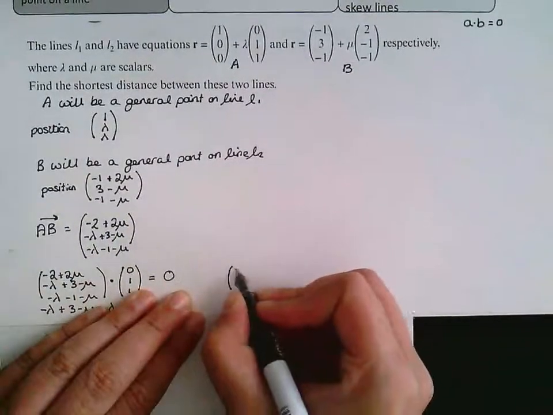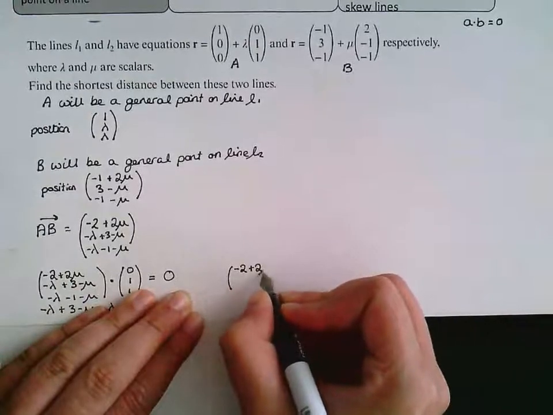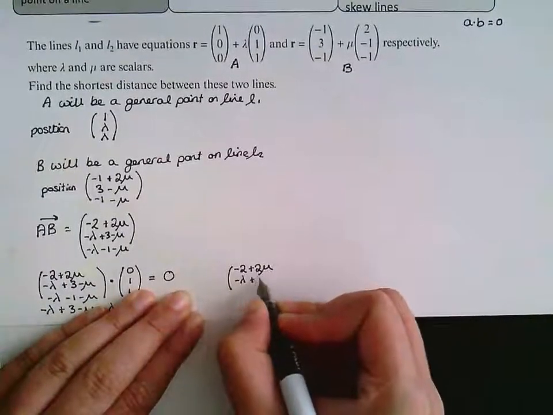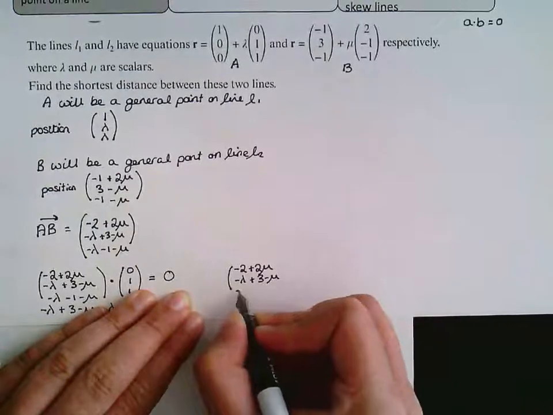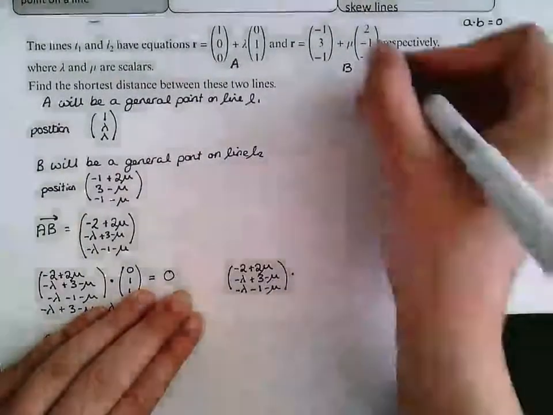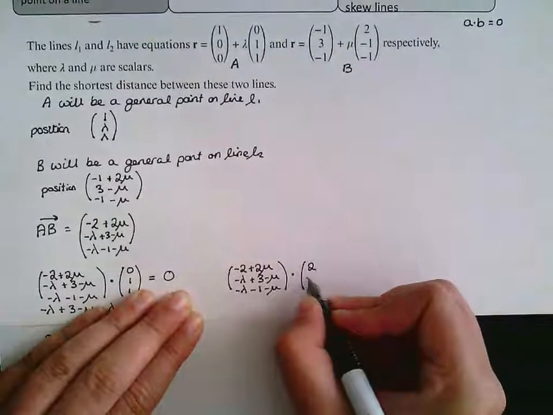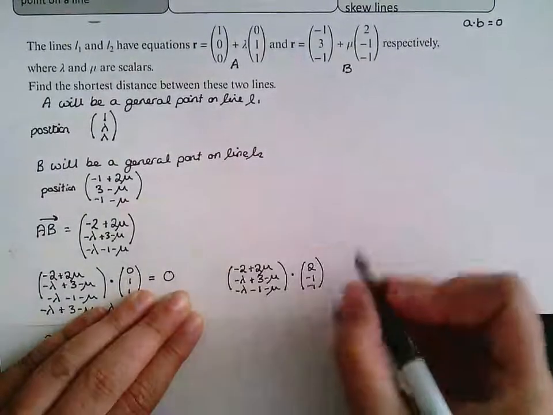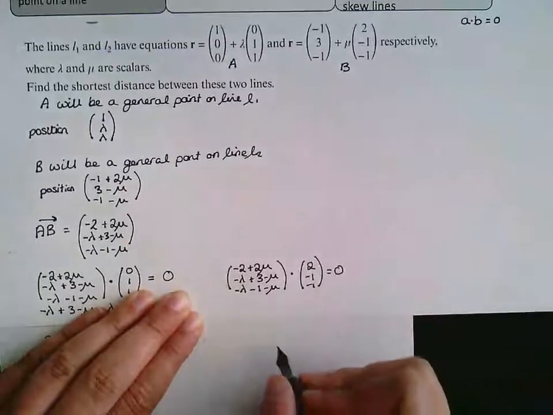So again, I'll take my movement A to B, and dot product it, this time with the direction of line 2. And again, this line between has to meet both at 90 degrees.